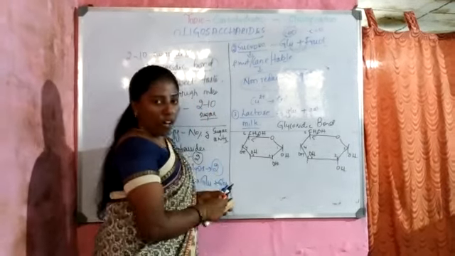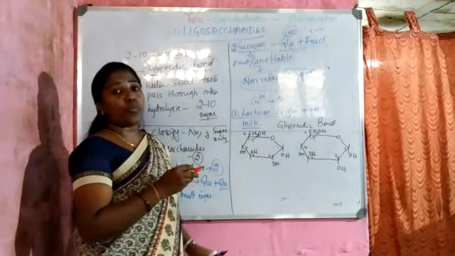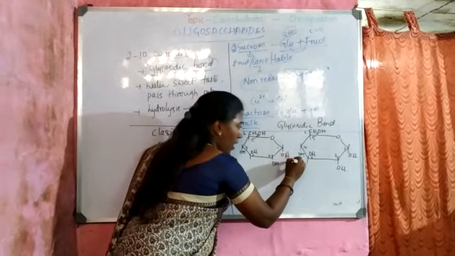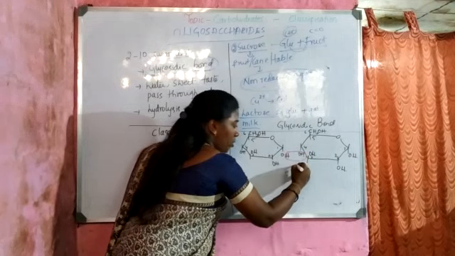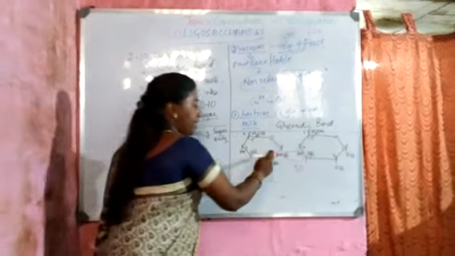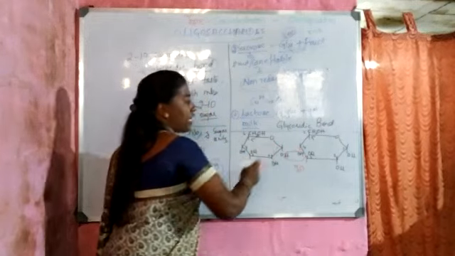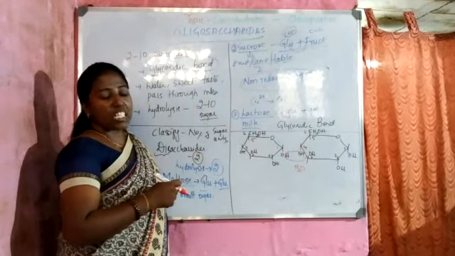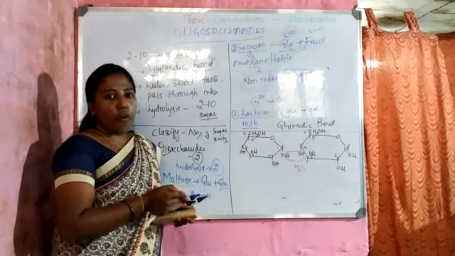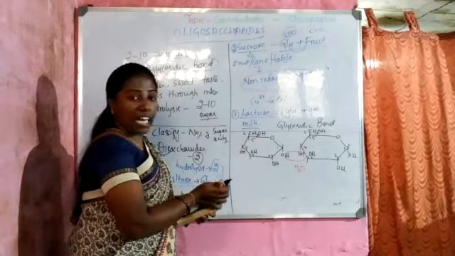During bond formation, one molecule of water is released, that is H from here, OH from here. This oxygen will be shared between the two monomers, resulting in glycosidic bond formation. Is it clear?